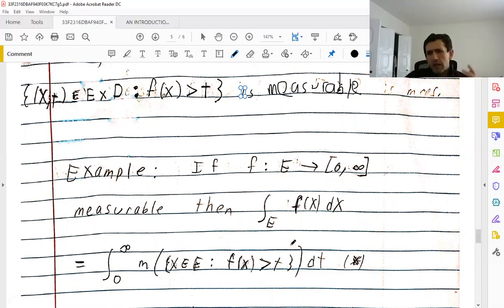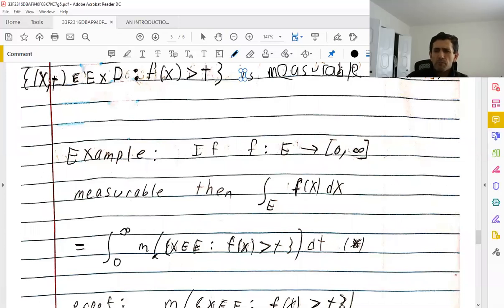in pure and applied mathematics, probability theory, it says to prove facts about this integral here, which gives you facts about variances and expectations, it's enough to look at the Lebesgue measure of this subset of E here.